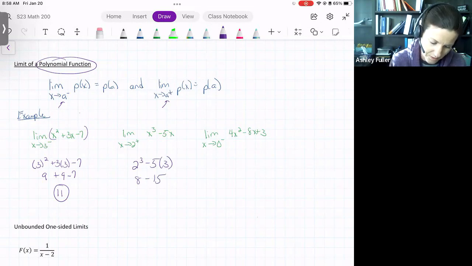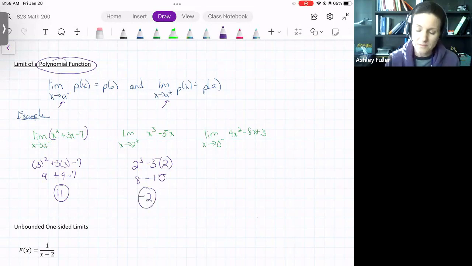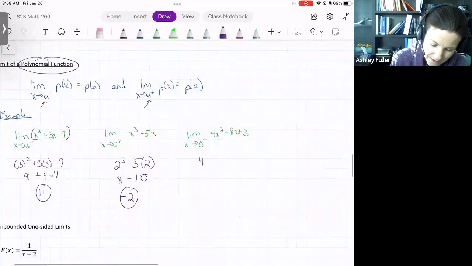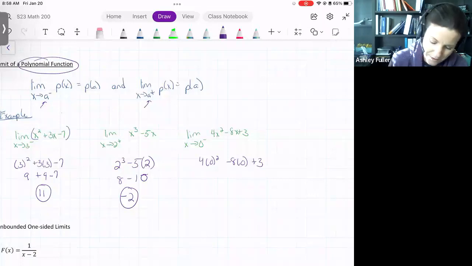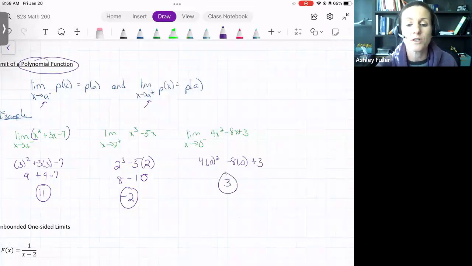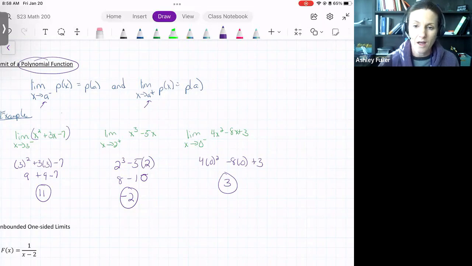I'm plugging in the wrong number, excuse me. I get a value of -2. And last but not least, when I plug in 0, I get a value of 3. Again, notice this works when these are polynomials and there's no holes or jumps in the graph.